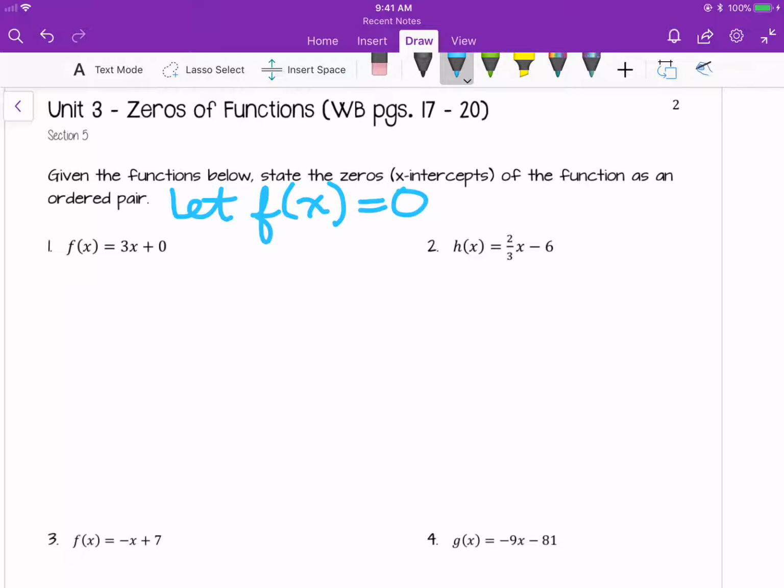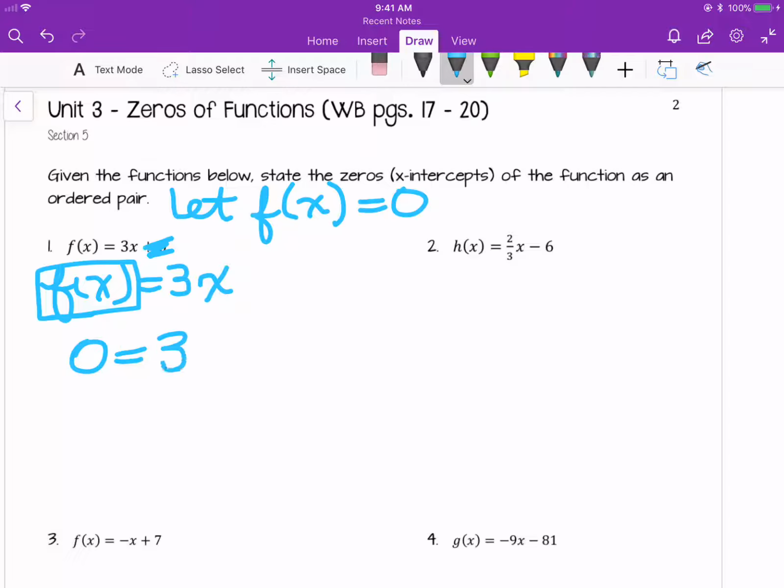Well, this problem here, number 1, is f of x is equal to 3x plus 0. That 0 we do not need. We're just going to go ahead and get rid of that. All right, now we're going to let f of x equal 0. So in place of this f of x, I am going to put in a 0 equal to 3x. I'm going to divide both sides by 3.